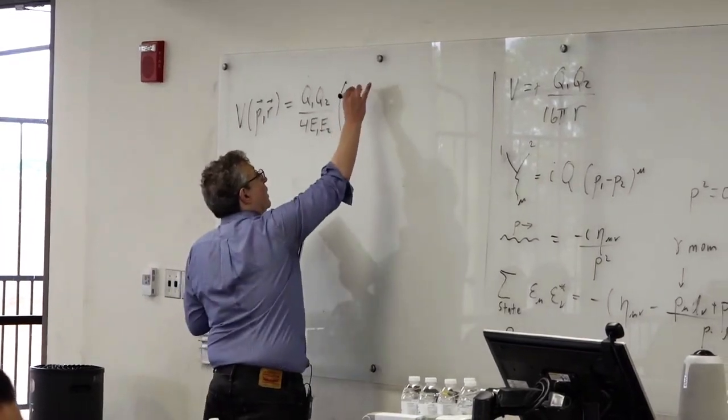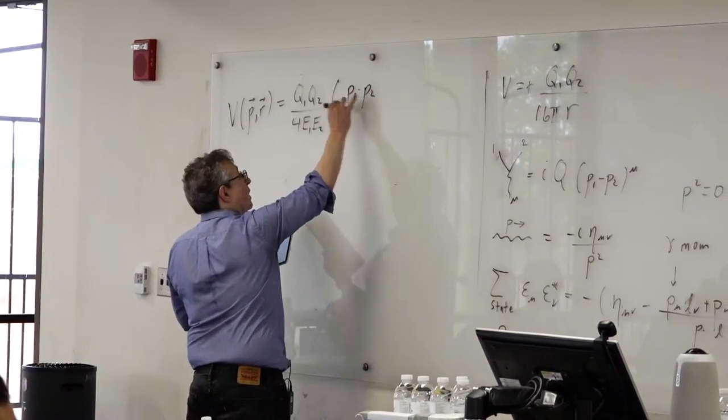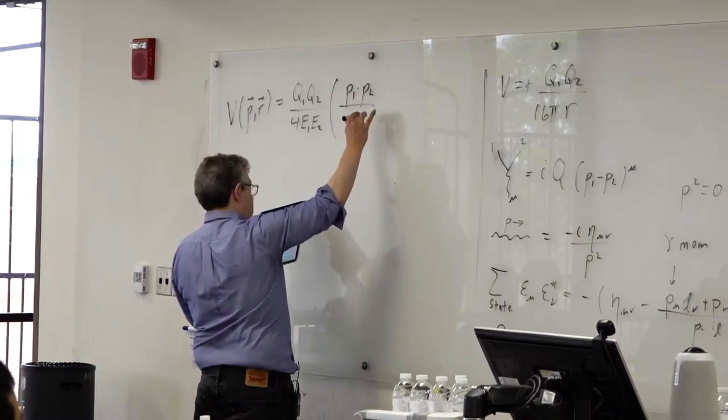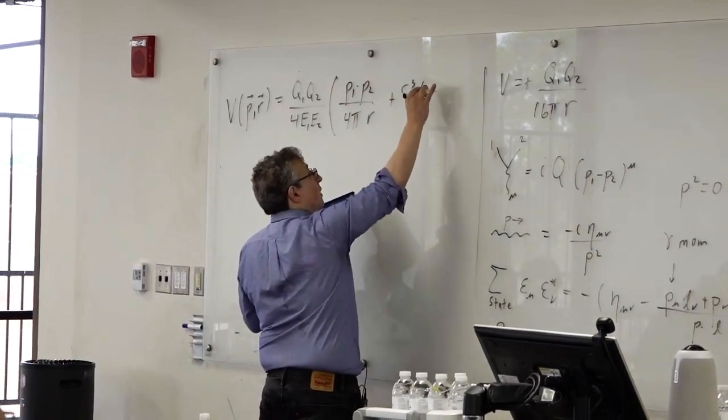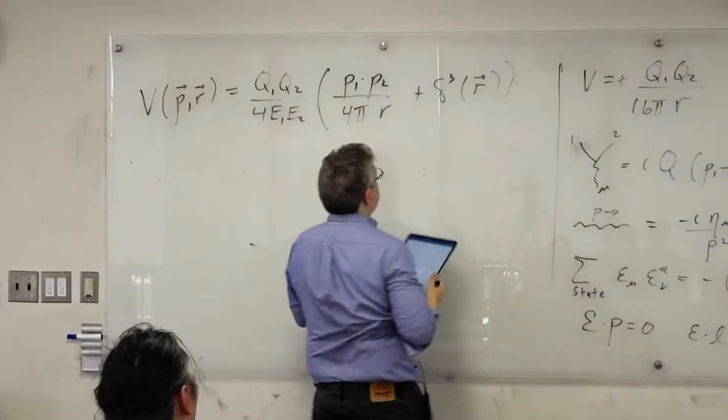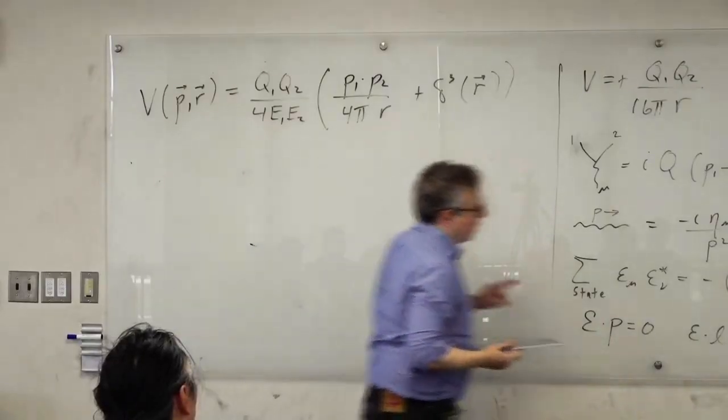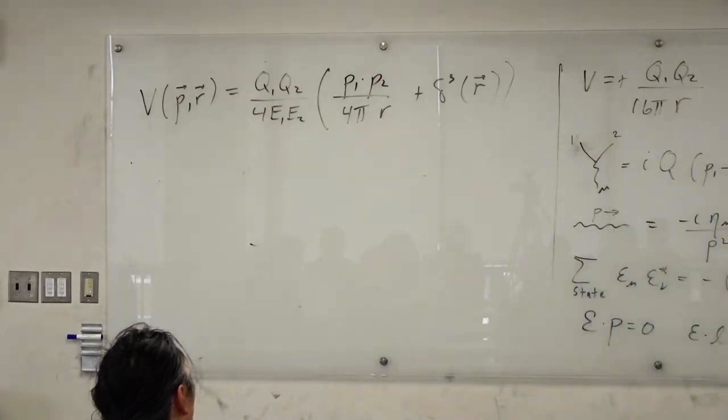There's a P1 dot P2 over 4 pi r, plus a delta cubed of r. This just corresponds to this, and the delta function corresponds to that.